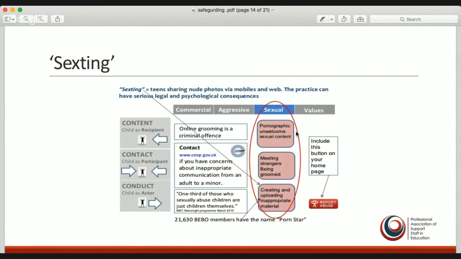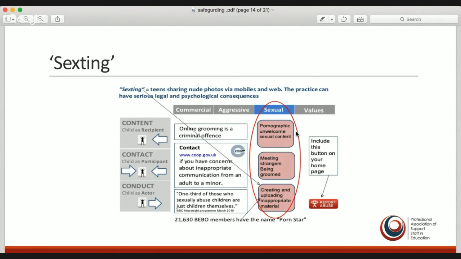It can have serious legal concerns, but it's the psychological consequences that are really damaging to young people.